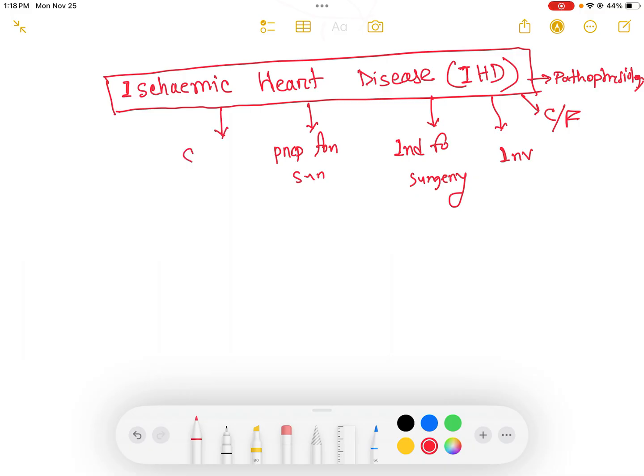Selection of conduit. The operation. Next, post-operative recovery.